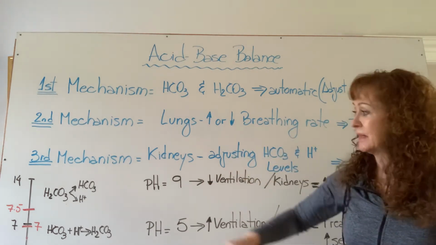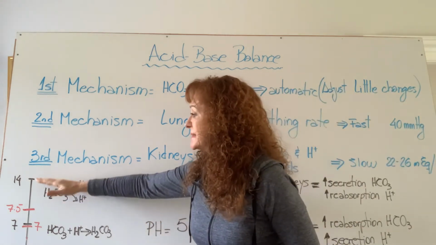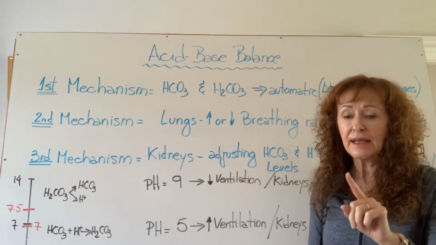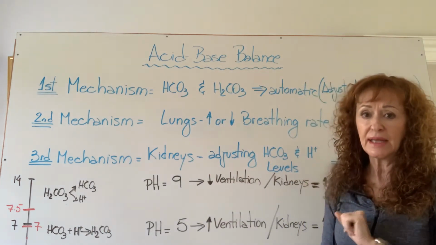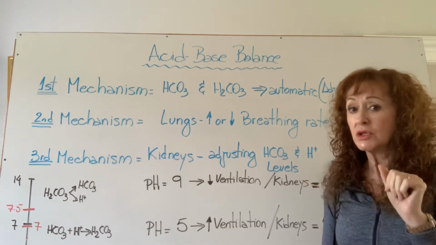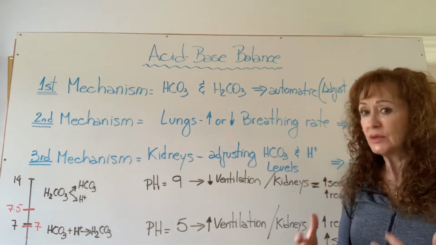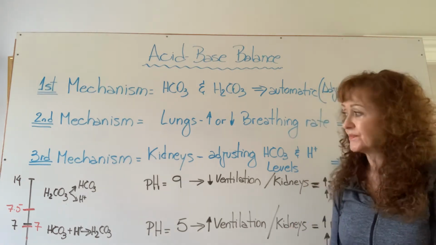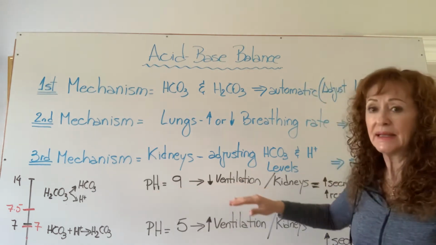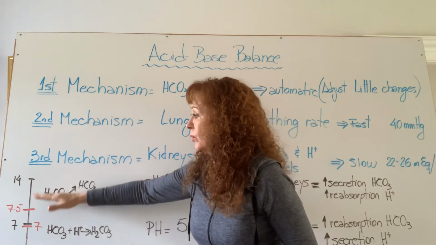What happens at pH 9? At pH 9, we are on this side of the scale, and graphing and visualization are crucial to understand and analyze the answers. If you are not very familiar with that, you can struggle during the test. Now, at pH 9, we are over here.